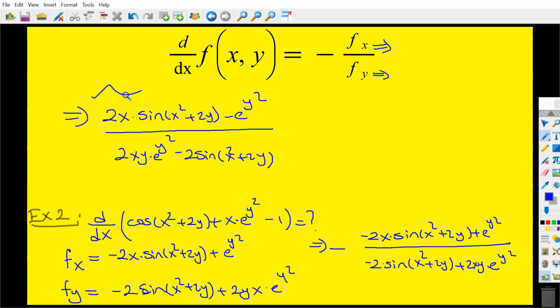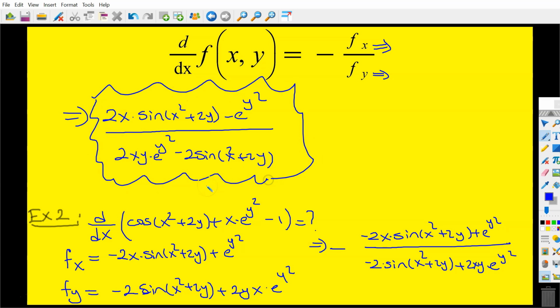This is going to be our final answer. Basically, it's pretty safe to apply this shortcut method to all kinds of implicitly defined functions to get the derivative.